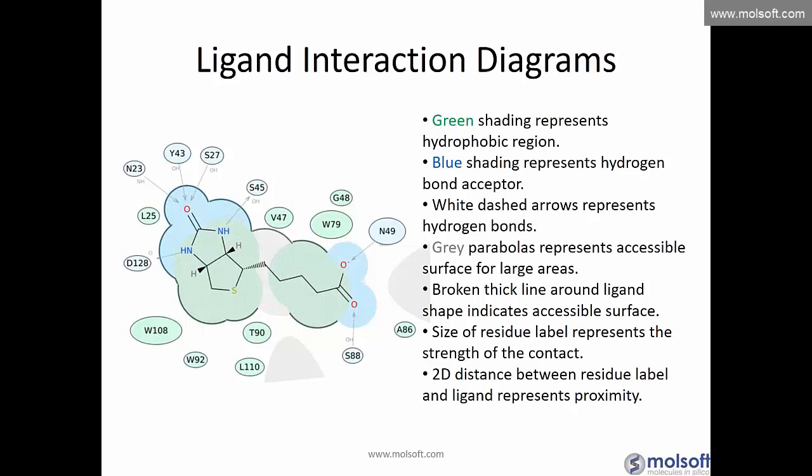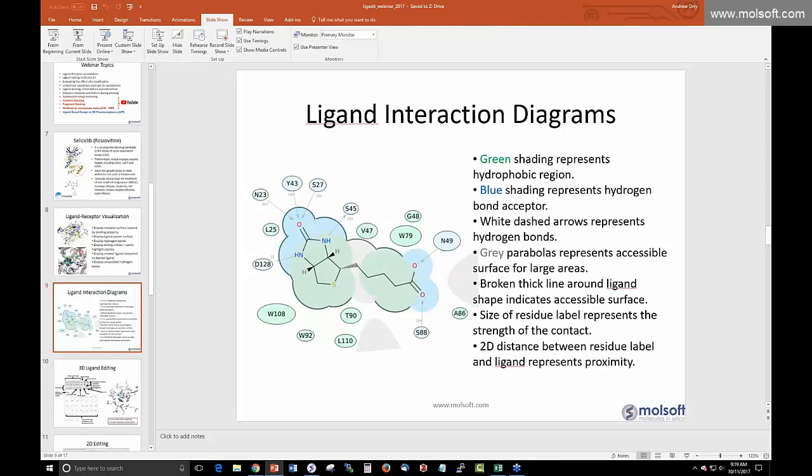And in some cases the 2D distance between the residue label, so the distance here between here and here sort of represents proximity, so the ones that are closer are closer in 3D as well. So these ones are a bit further out. Same with this leucine. Okay, so just going to close this.